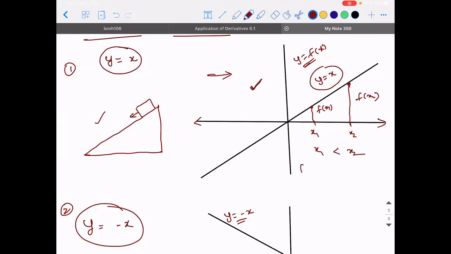Now, what can I say about f of x1 and f of x2? f of x1 less than f of x2. Right? Means lesser the value of x1, lesser the value of y, greater the value of x2, greater the value of y.